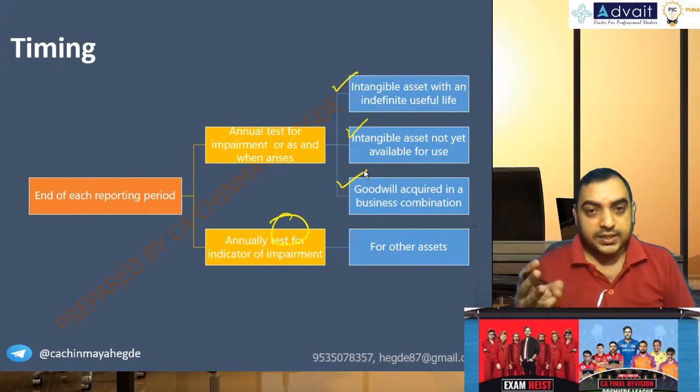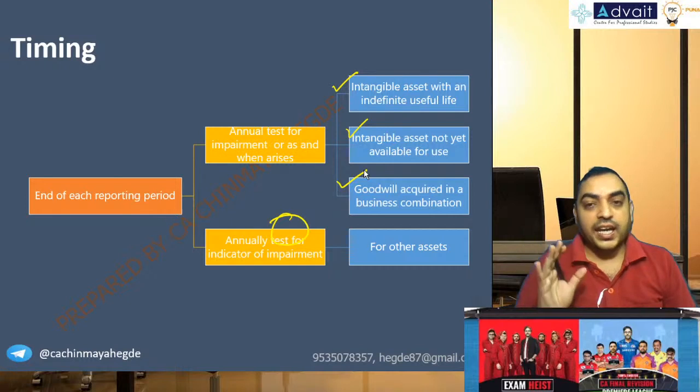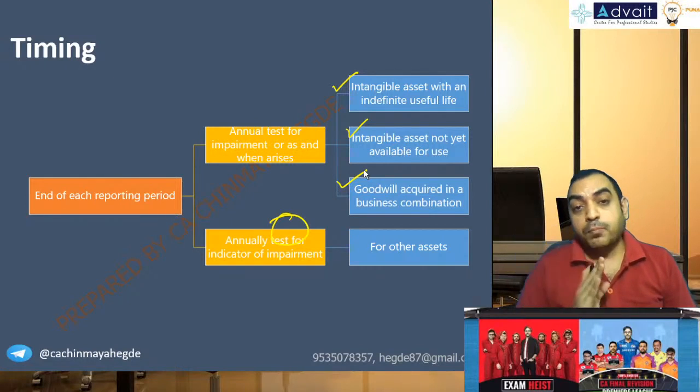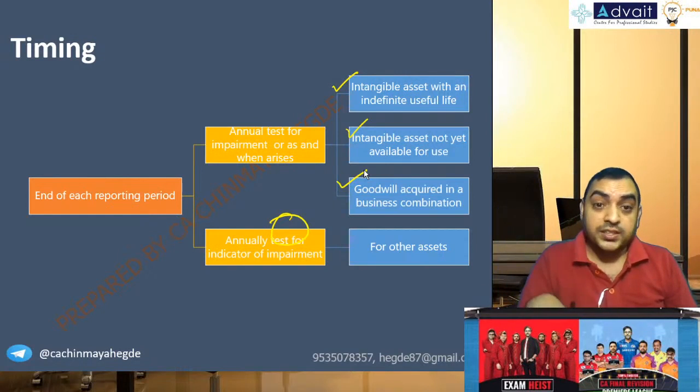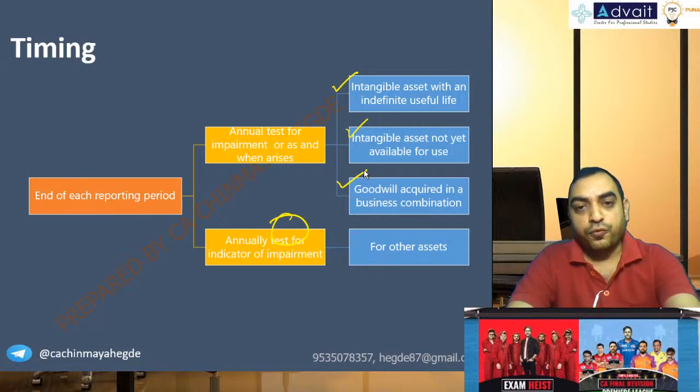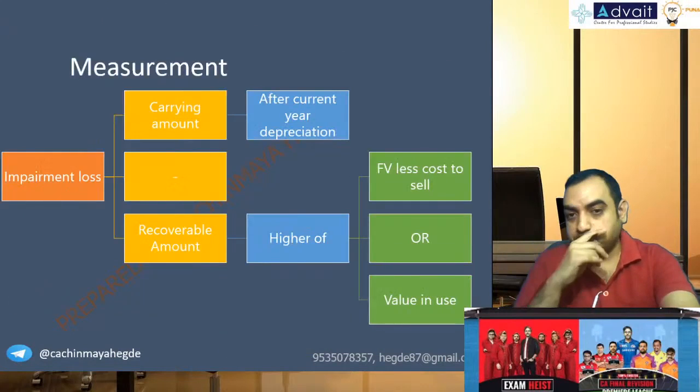So in these 3 cases, even though there is no indicator, you need to go for a test for impairment. But in all other cases, an indicator must exist. Only when the indicator exists, you proceed further to go for the impairment test.